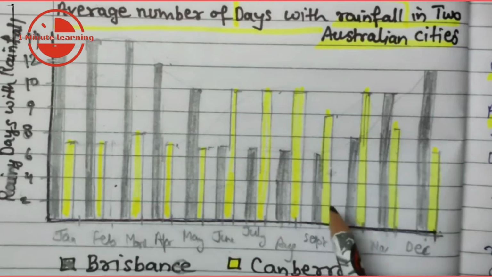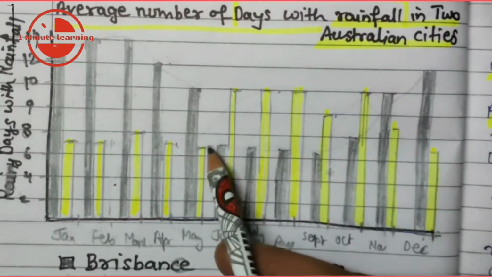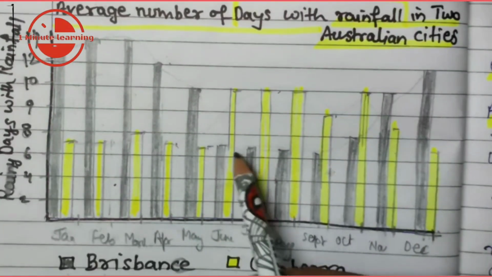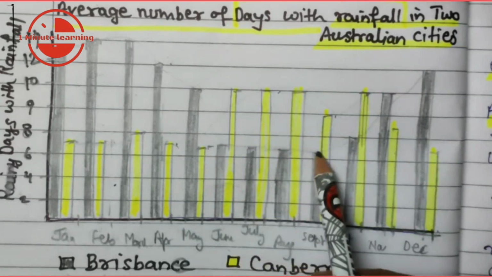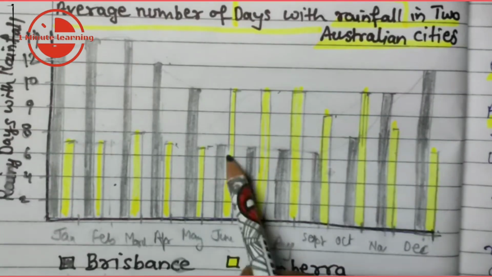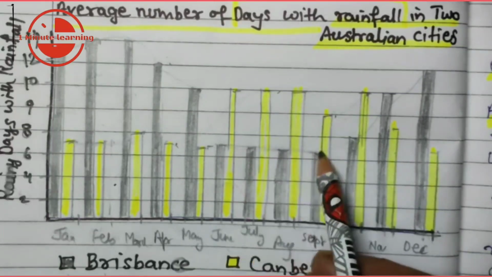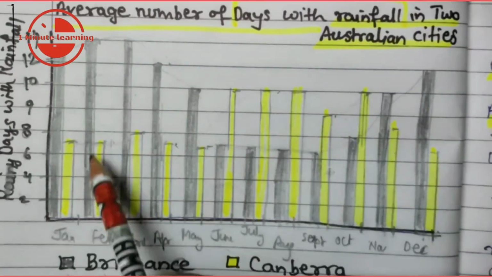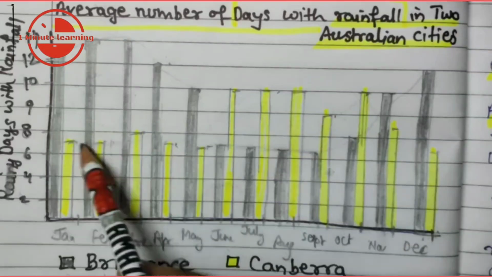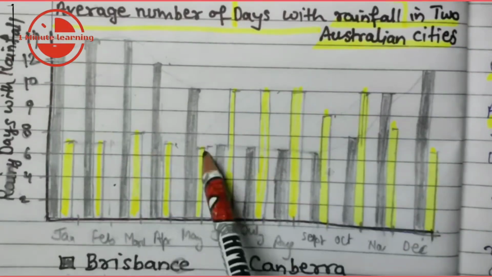So we can just find it. Here, this is stable kind of. These 4 months, the gray one, Brisbane, rainy days were stable, the same kind of thing. And the green one is also following the stable kind of thing.